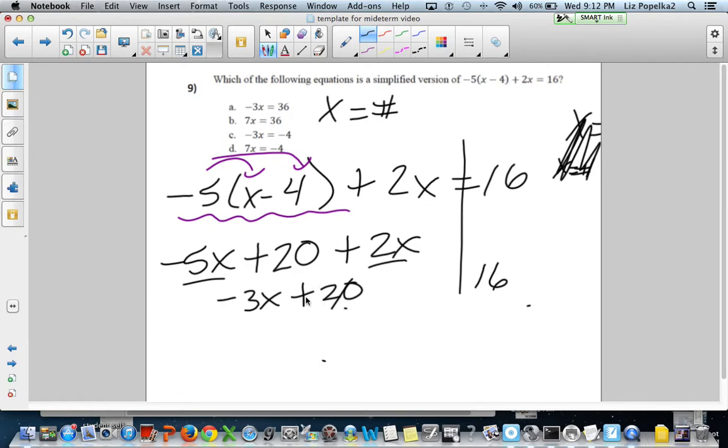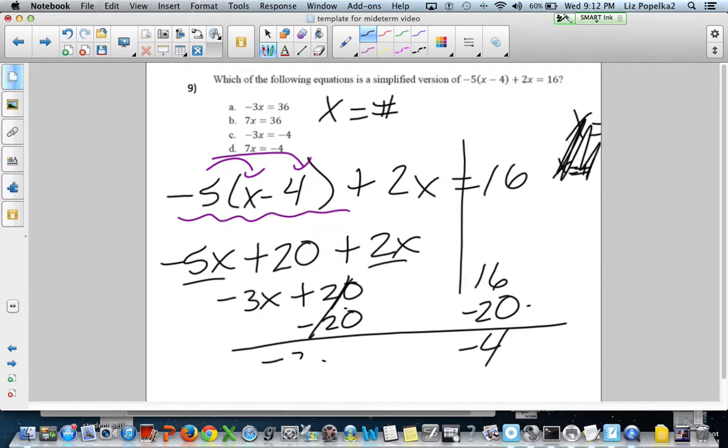So I kept going. I got rid of that plus 20 by subtracting 20. If I subtract 20 over here, I have to subtract 20 from over here. 16 minus 20 is a negative 4. If that 20 is gone, then all I've got left is that negative 3x. So I've got negative 3x is equal to negative 4. And there it is right there. So my answer should have been C.